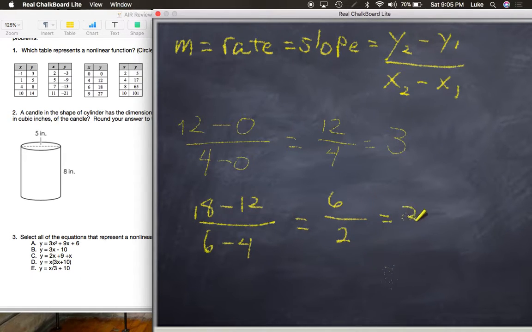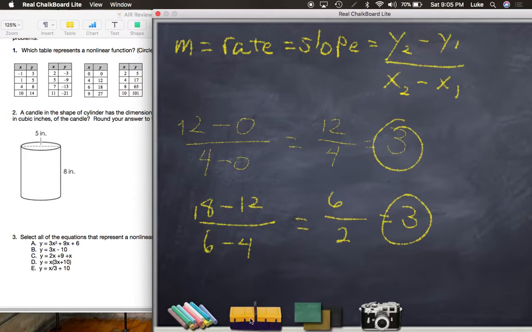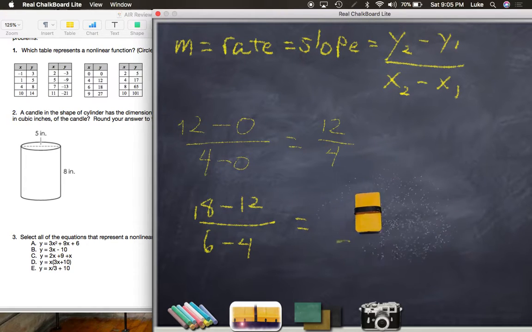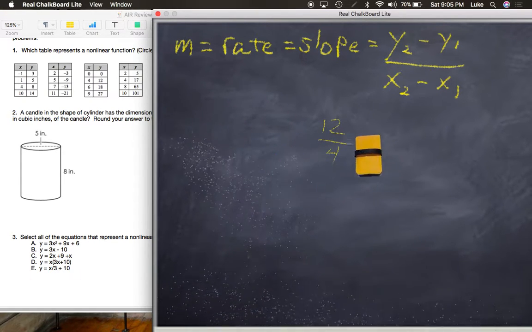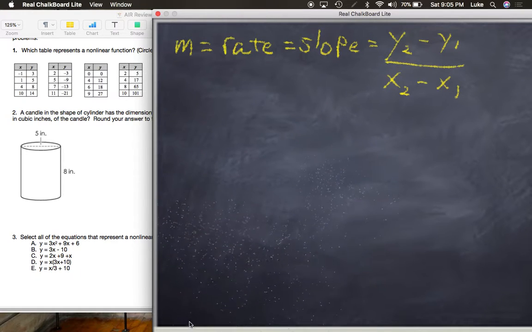And of course, that comes out also to 3. So it looks like our third table is going to remain constant as well. We have a rate of 3 as our slope, so that one is good. So we can probably assume we have already found it. It's going to be table number 4, which is non-linear. But like I said, test-taking tip, always double check.